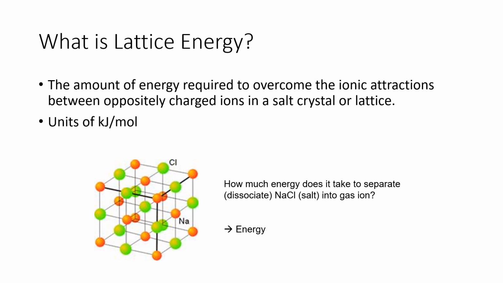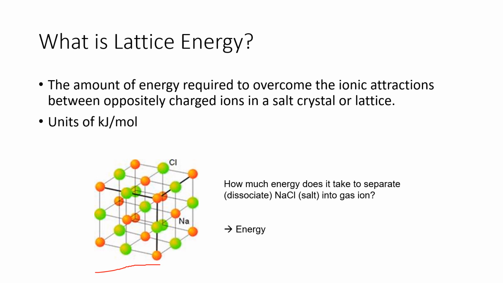So what is lattice energy? We did mention it very little in the middle of the year, where a lattice is this type of structure here. So this is a lattice structure. For instance, salt, NaCl, is in lattice form. That means they're in a more organized form. They're usually solids.